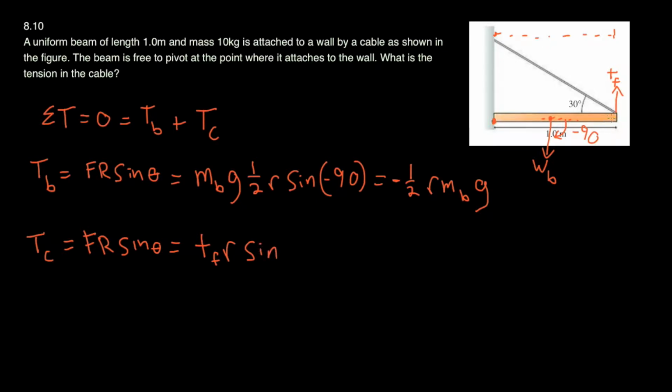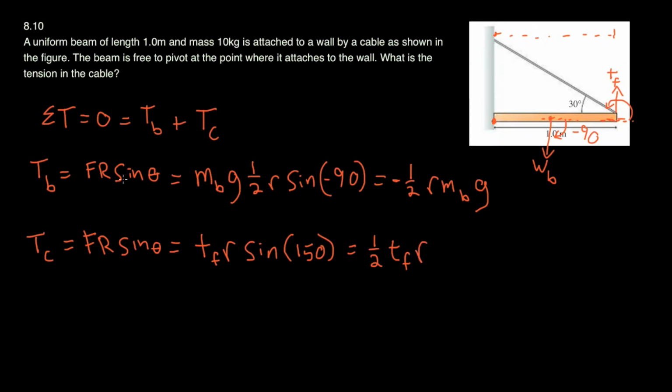So theta here, again, we measure from the horizontal. So this angle from the horizontal all the way over to here is going to be 150 degrees. Okay, so the sine of 150 degrees is just going to be 1/2. So we got 1/2 times the tensional force times r.